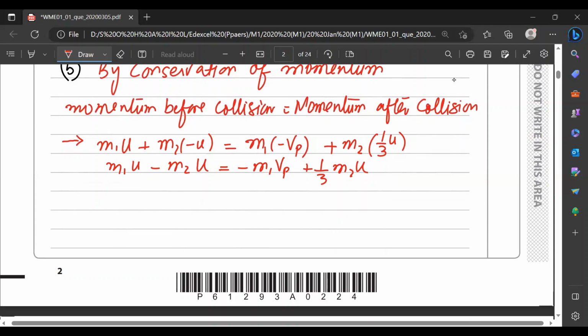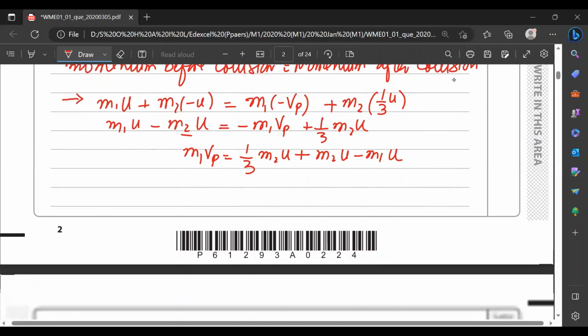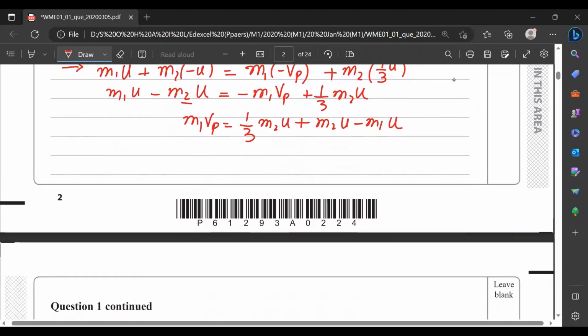This implies m1 Vp equals, moving the terms to the right-hand side, 1/3 m2 u plus m2 u minus m1 u.